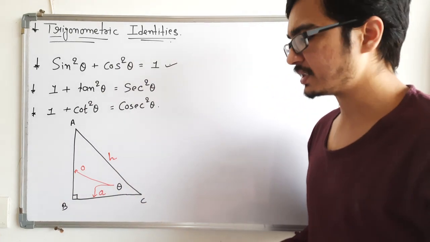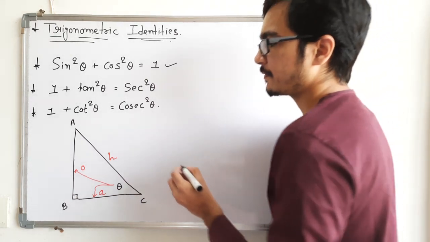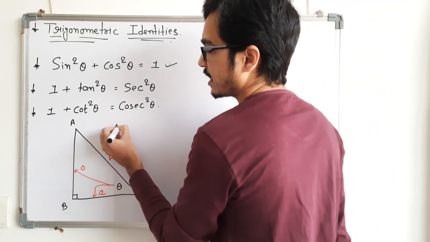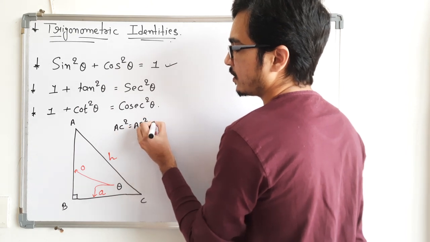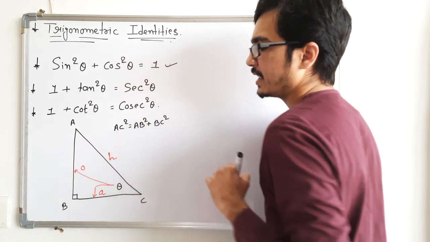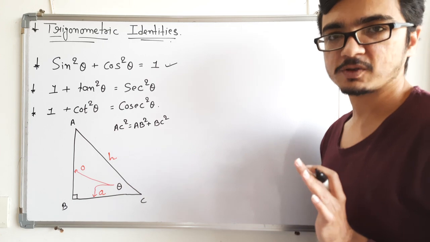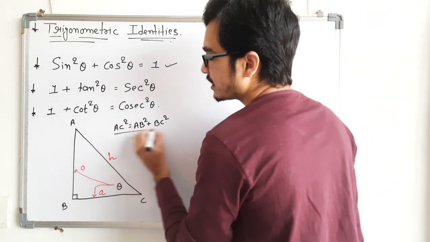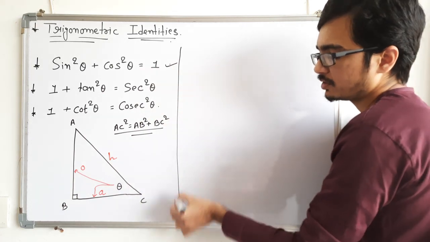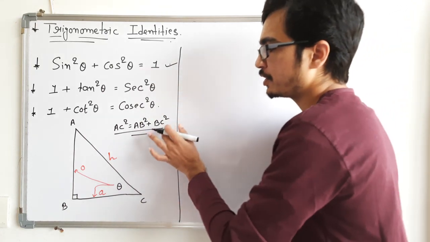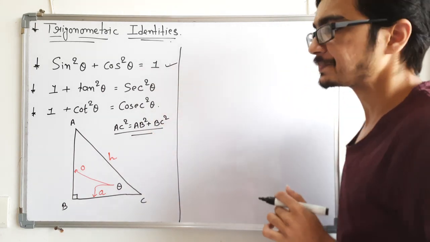By Pythagoras theorem, hypotenuse square is equal to the sum of squares of the other two sides: AC square is equal to AB square plus BC square. This well-known relation is used multiple times, and we are going to use it again in the derivation.